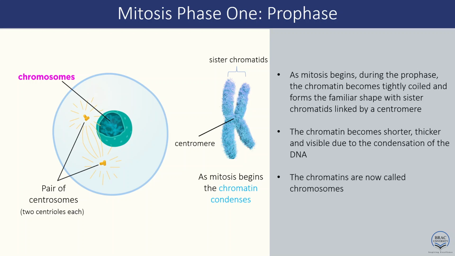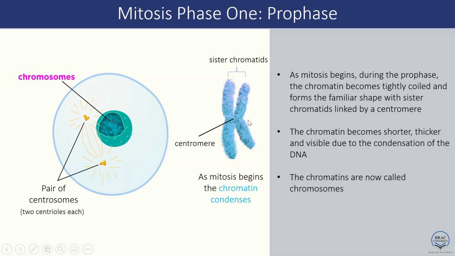The first phase of mitosis is the prophase. In the prophase the centrosomes move to the two poles of the cell, forming the mitotic spindles. Also the well-known characteristic shape of the chromosome forms in this prophase.